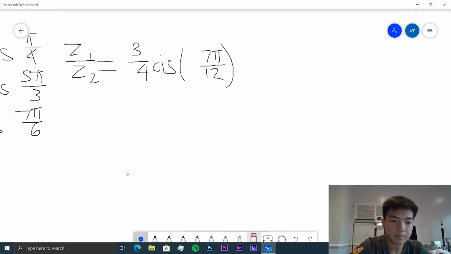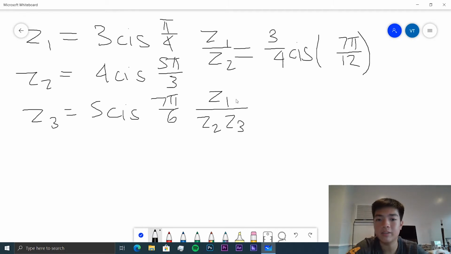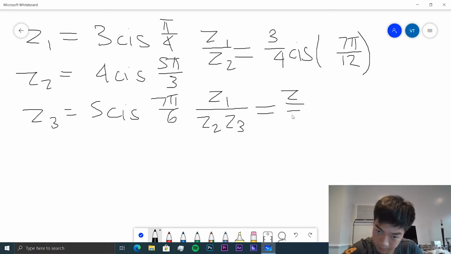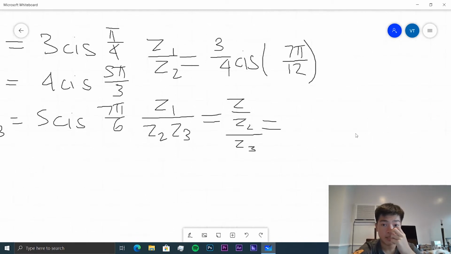Okay, and then for the next one, we have z1 over z2 times z3. We can do this two ways. We can divide z1 by z2 first and then divide by z3, and that's probably the easier way. Since we already have z1 divided by z2, we can simply divide this number by z3.